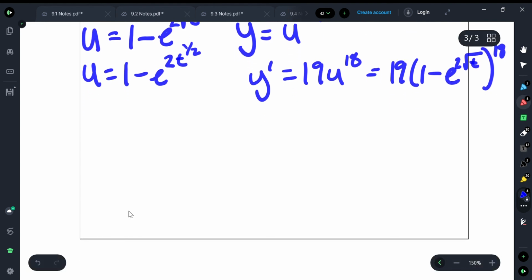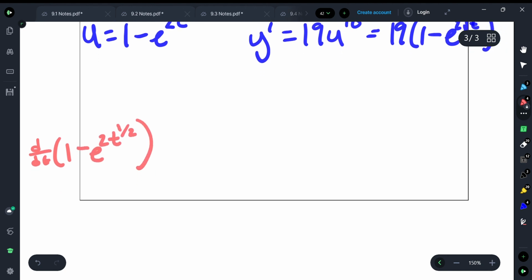So we're going to come down here and we'll say that if I want to find the derivative of 1 minus, that is a chain rule problem, especially this right here. So I'm going to say that's the chain rule I need.